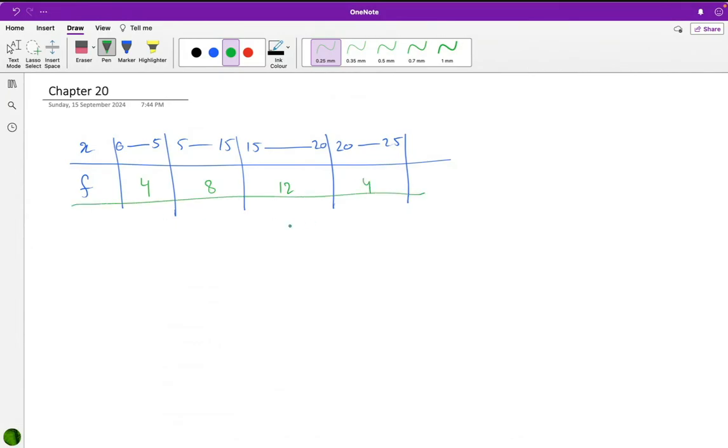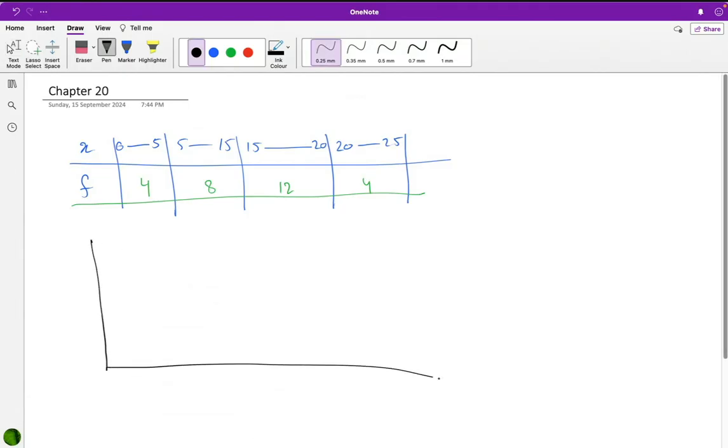Now what I'm going to do is draw one histogram with this given data, and then with the frequency density, to show that frequency density is the correct way to display them. So if we just have these classes starting from 0, 5, 10, 15, 20, and 25, the first value is 4.